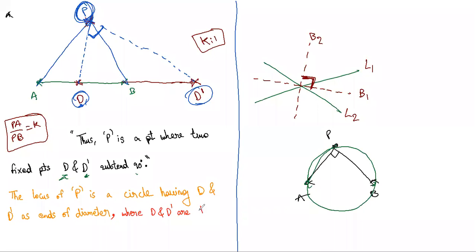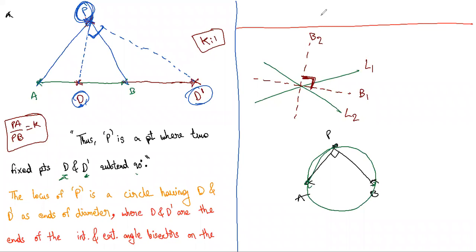Where D and D dash are the ends of the internal and external angle bisectors on the opposite side through the vertex P.